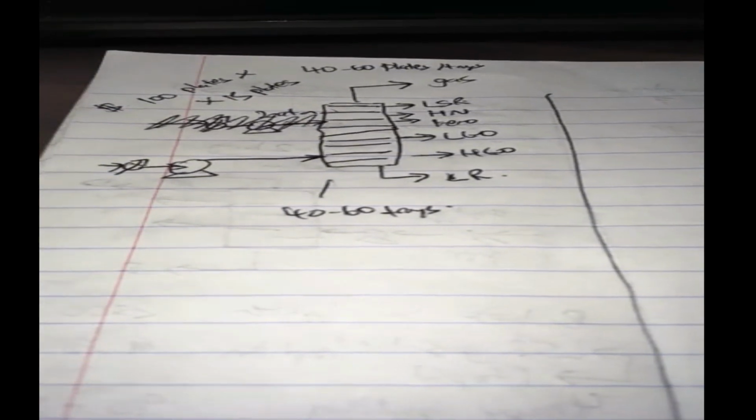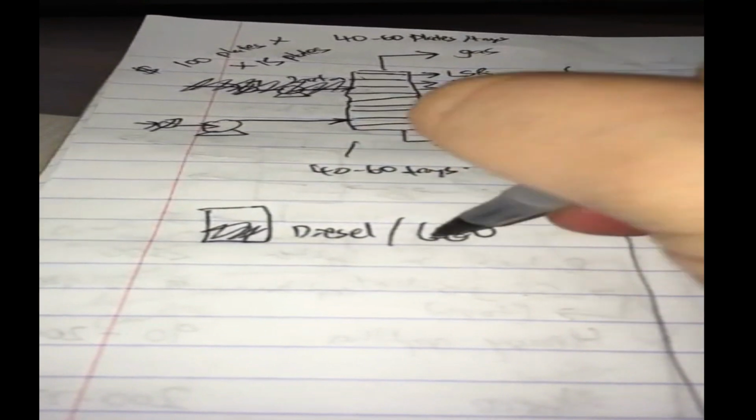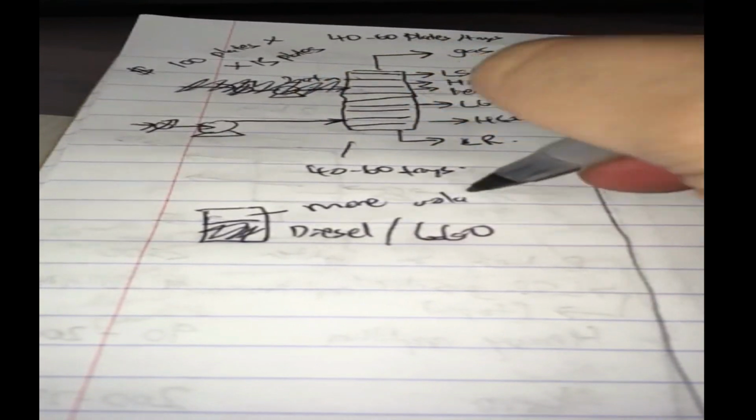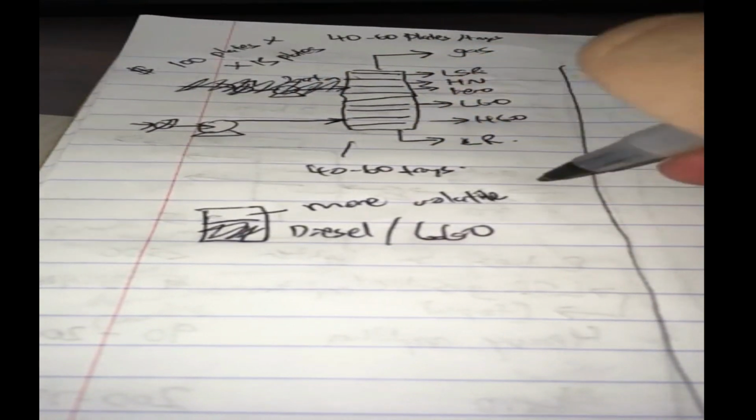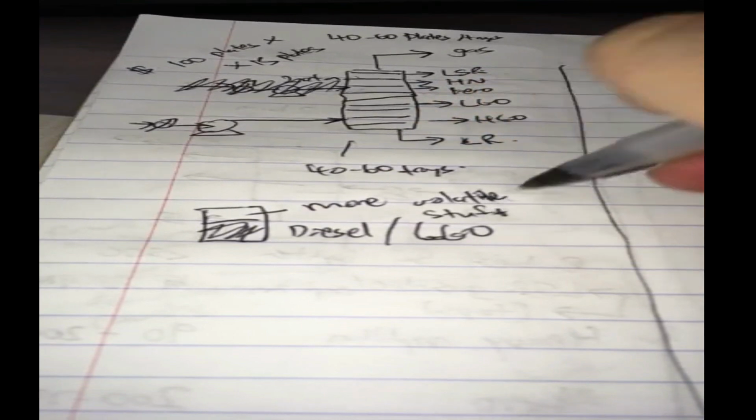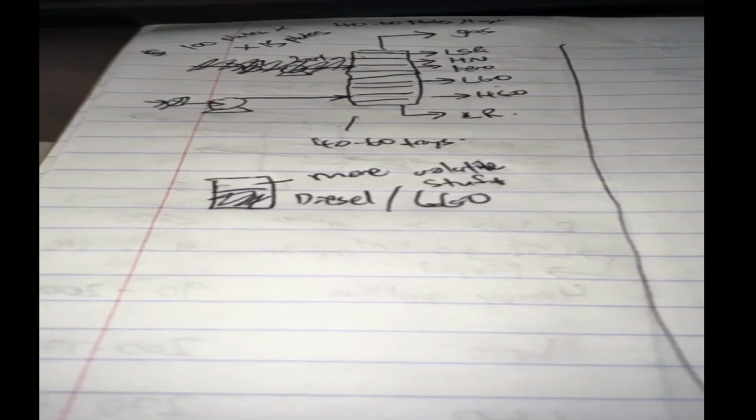So let's tackle the problems one at a time. So when you have, let's say, a diesel or light gas oil, you're going to have some of the more volatile stuff that comes from this fraction. And what are you going to do about it?